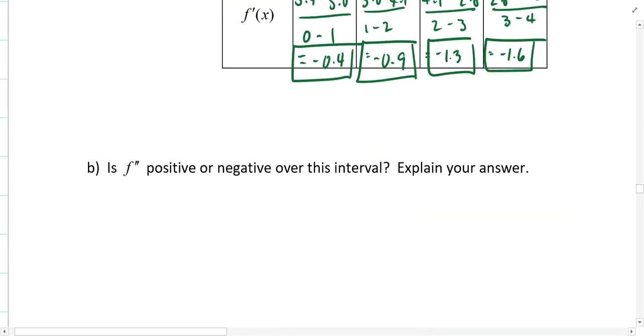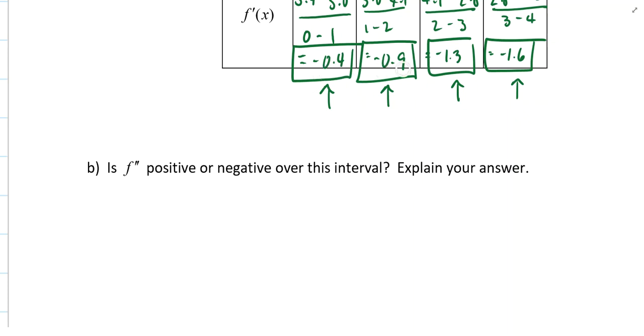Now, part B goes on to ask, is the second derivative positive or negative over this interval? And we should explain. Well, recall that the second derivative is a method of measuring the change in the first derivative. So if we investigate each of these derivatives and recognize how these are changing, well, it appears that these derivatives continue to decrease.